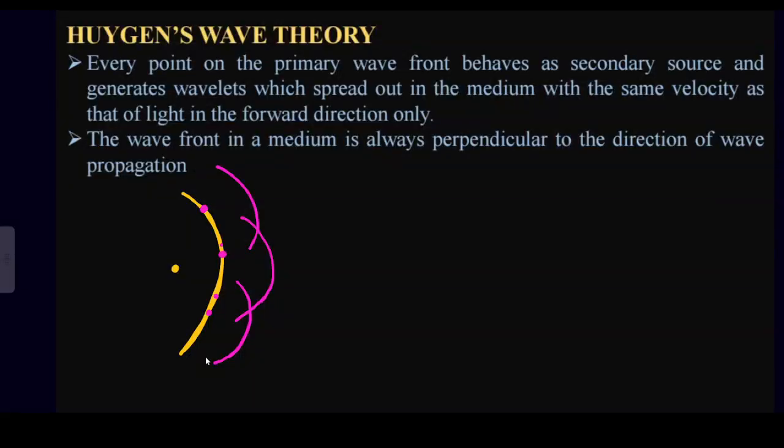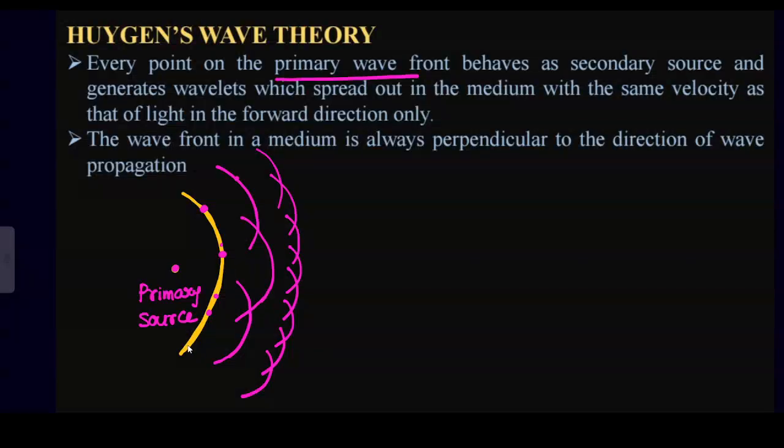Understood what I'm saying? Now again, this point also will behave like a source and generate waves. Like this, continuously the waves will travel. This is the main source, the primary source, the actual source, and every point on the primary wavefront, the yellow one, will behave as a secondary source.